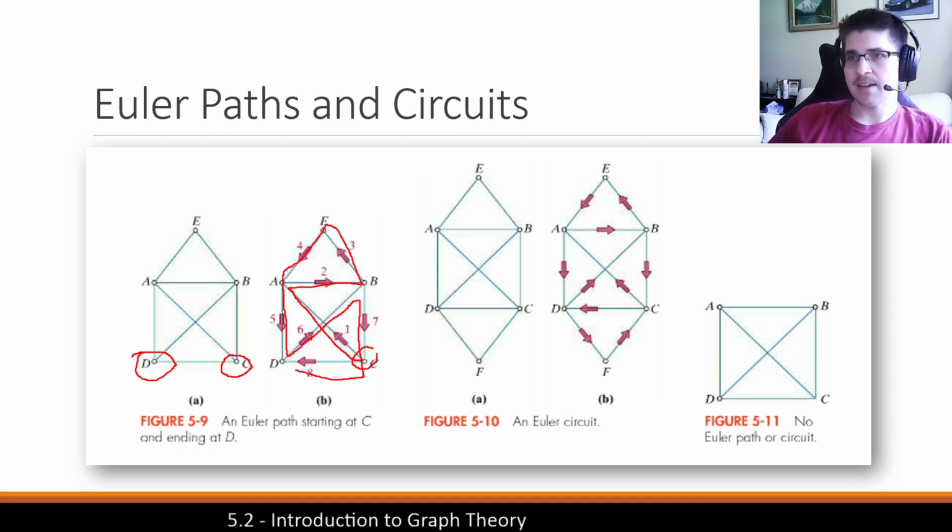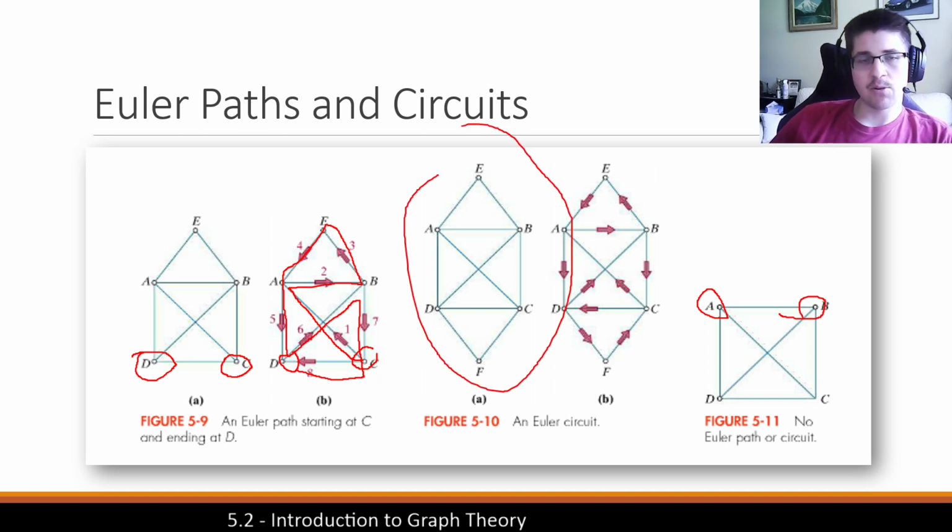It started at C, ended at D, and it follows exactly what Euler's path theorem said. And this graph has no Euler path because it had more than two odds. It said it had to have exactly two odds to have an Euler path. And this one also will not have an Euler path because it had no odds. It was completely even. So notice a graph can either have an Euler circuit, or it can have an Euler path, or it can have neither.